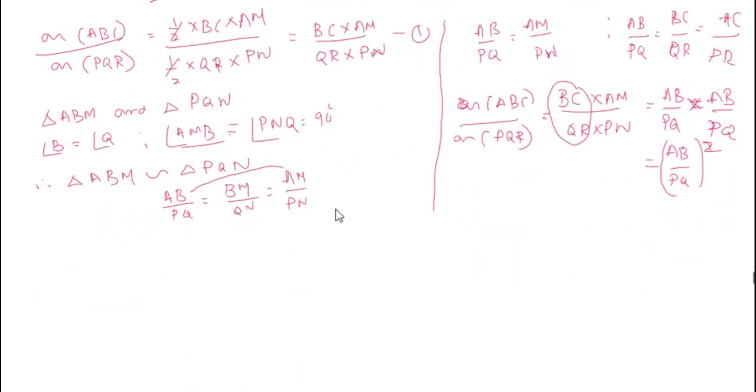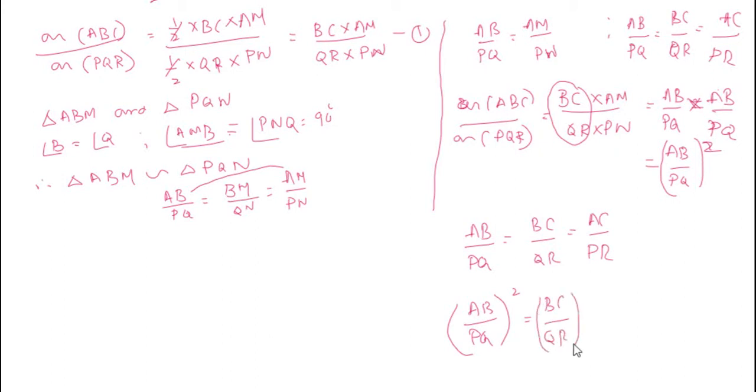But we know in case of similar triangles, their corresponding sides are in the same ratio, that is AB by PQ is equal to BC by QR, that is equal to AC by PR. Now if you square, AB by PQ whole square is equal to BC by QR whole square is equal to AC by PR whole square.